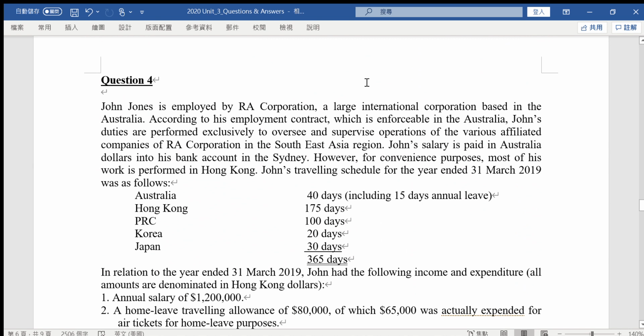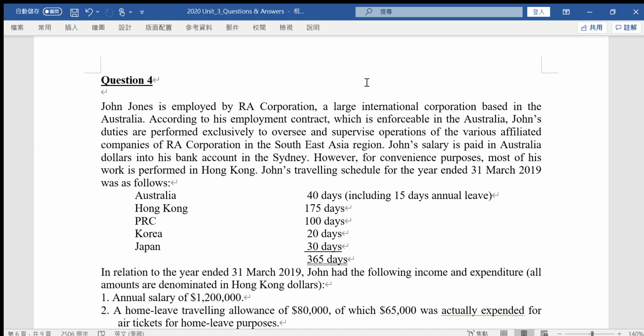First of all, you should mention DIPN 10, the 3 factors, and discuss each of them: whether the employer's resident status is in Australia or not, whether his contract is negotiated, concluded and enforceable in Australia or not, and also where he is being paid. All this is in Australia. The 3 factors are in Australia, so simple. Foreign source of employment.